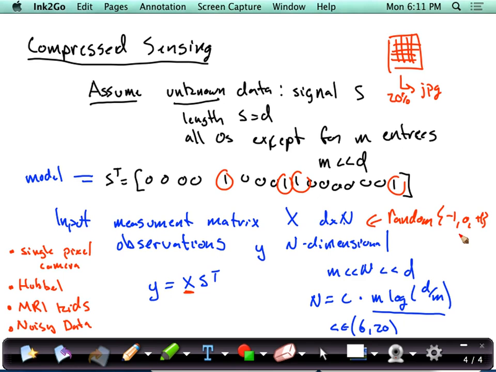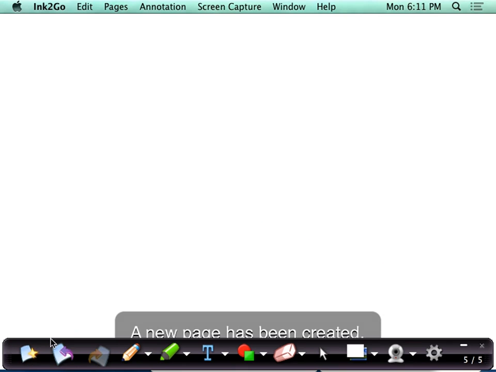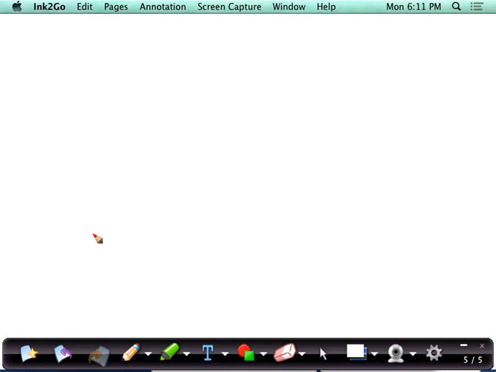So that's what's going to happen. Let me write down an actual example, then I'll describe orthogonal matching pursuit, and then we'll work through this example. I've got a different example in the notes than what I'll do here, so you'll be able to see this again.